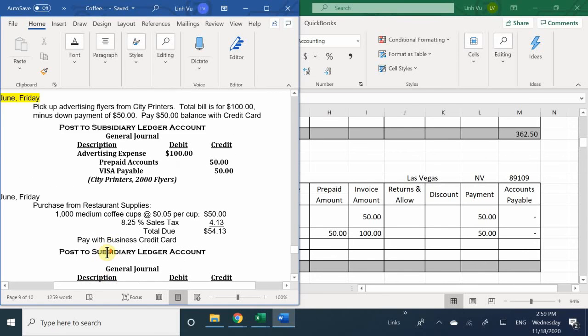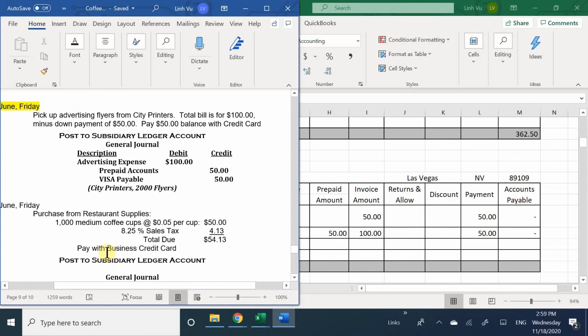Okay, so we bought business supplies. All right, and that's going to be considered an asset to us, right? Because we're going to own these cups when we purchase them. Since the tax is already included, how am I going to journalize this business supply?